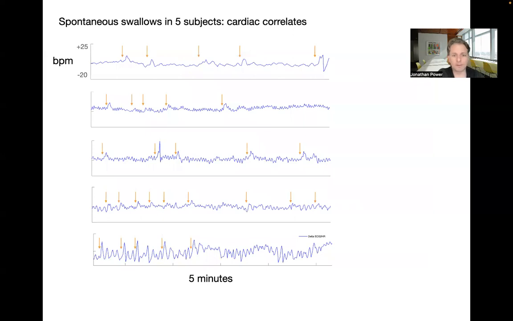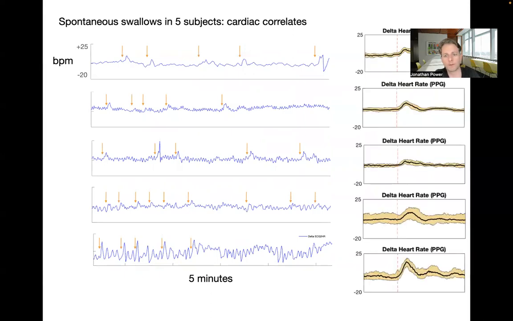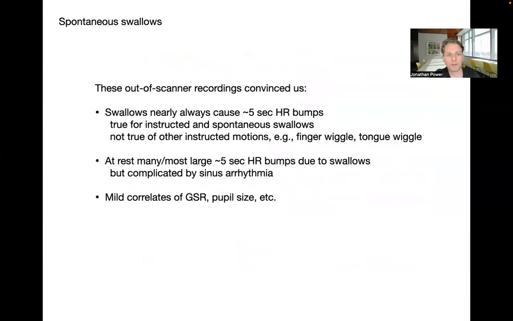And you can see that usually when a person swallows, you can see a clear bump in the heart rate coming after it. And of course, it's contingent on the kind of background variability that the person displays. But certainly on average, in person after person after person, you can find a 5 to 20 beat per minute jump in heart rate that happens after a spontaneous swallow.